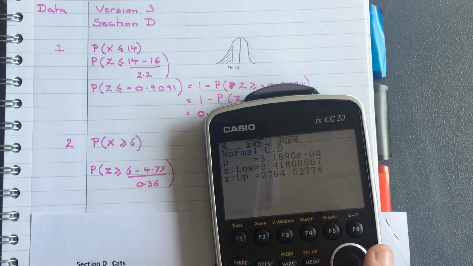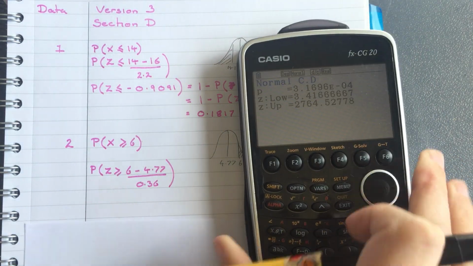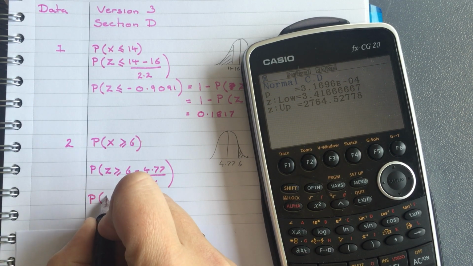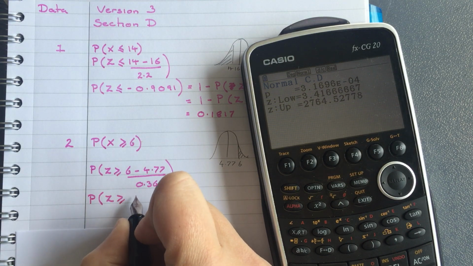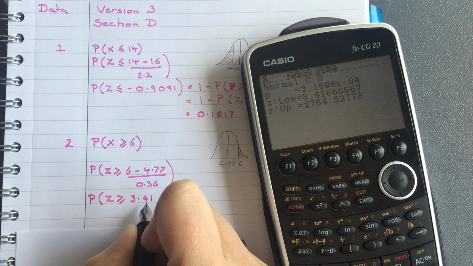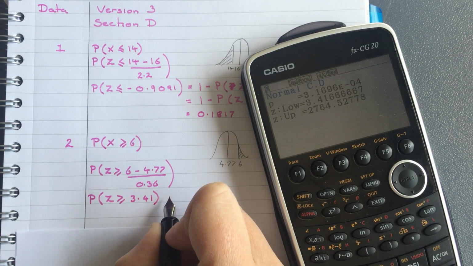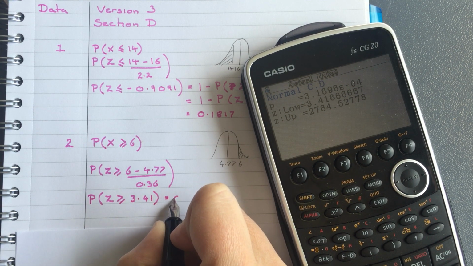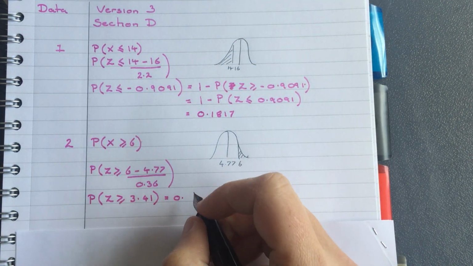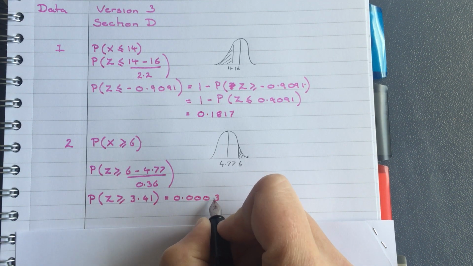What it tells us is it gives us our value of Z for our lower bound, so we can write that bit in. So we've got the probability that Z is greater than or equal to 3.41, and that is going to give us a probability of 0.0003.